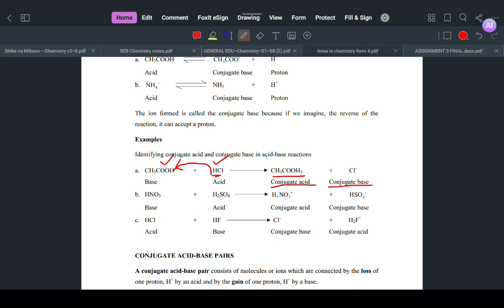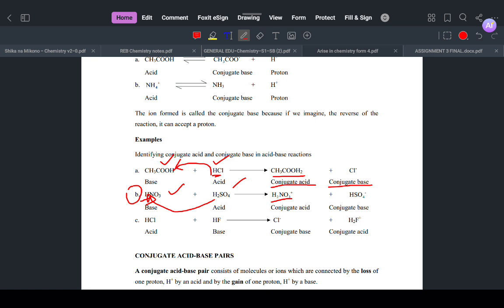Another example will also help. HNO3, in this case, will act as a base, reacting with an acid. Originally it has one hydrogen, and one hydrogen will migrate to it, so the number of hydrogen atoms will increase to H2, forming a conjugate acid.